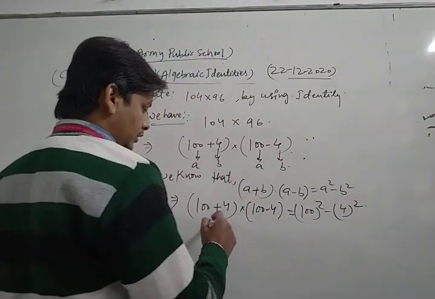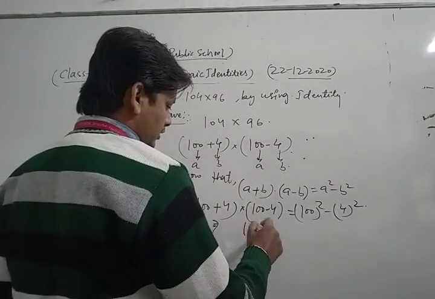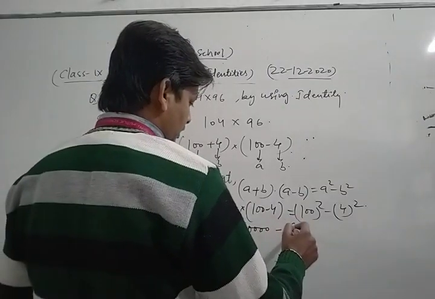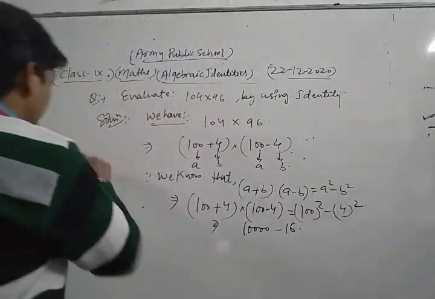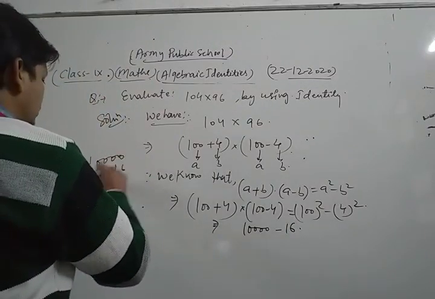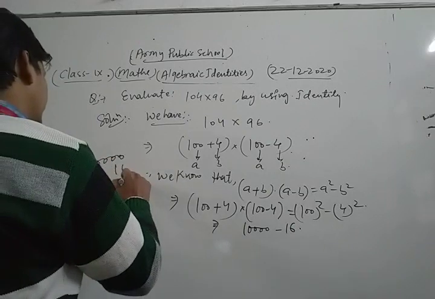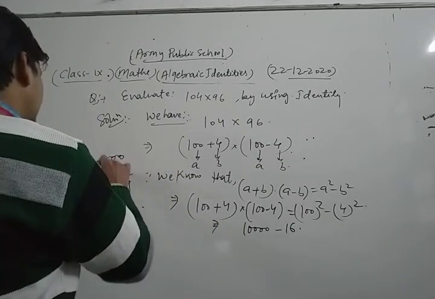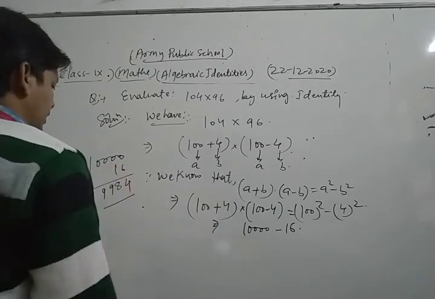So we get 10,000 minus 16. Now we subtract them, and we get 9984.